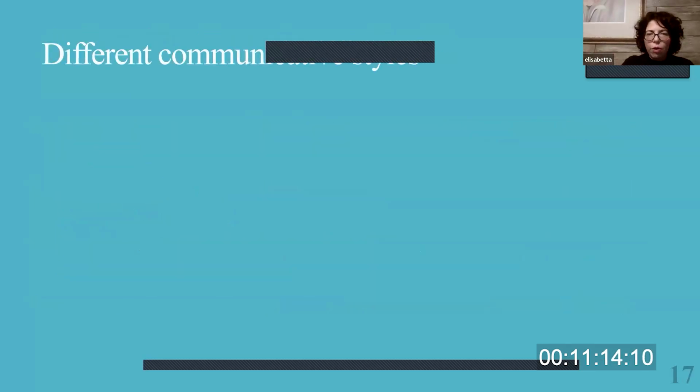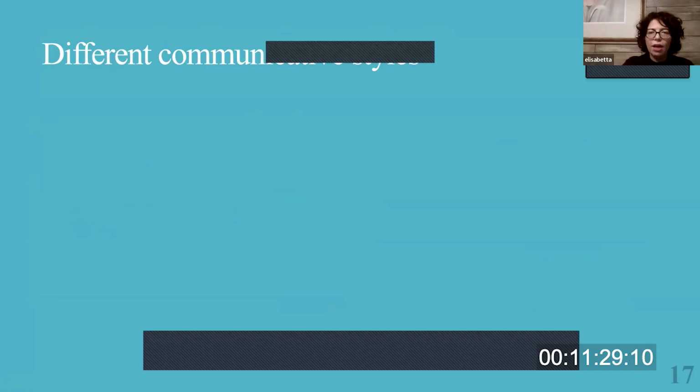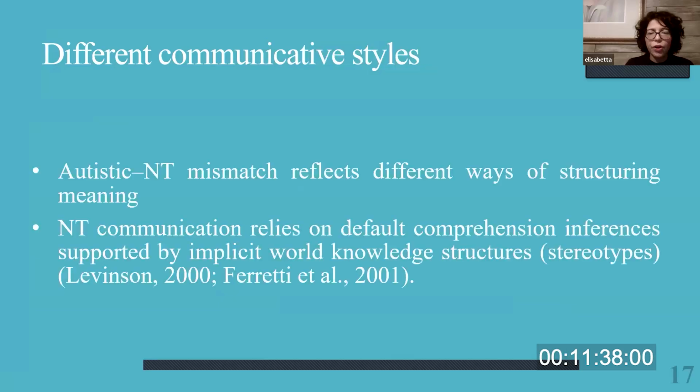So, what is our hypothesis? Our hypothesis is that there is not a deficit in autistic communication, and that the reciprocal misunderstanding comes from a different communication style. For example, autistic-neurotypical mismatch reflects different ways of structuring meaning, or we could say different ways of conveying meaning.